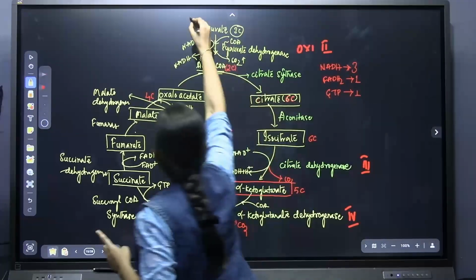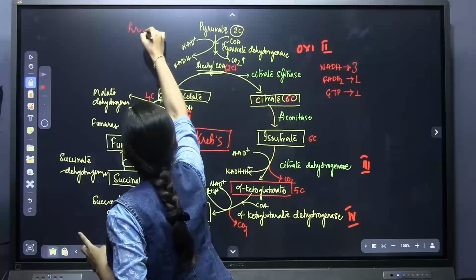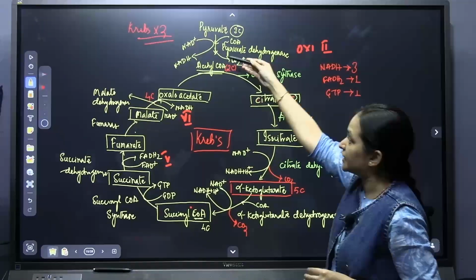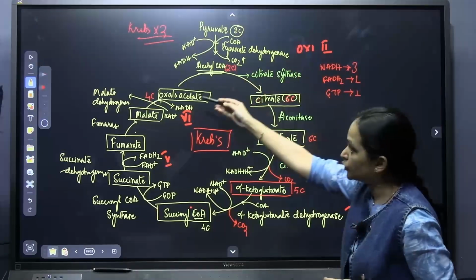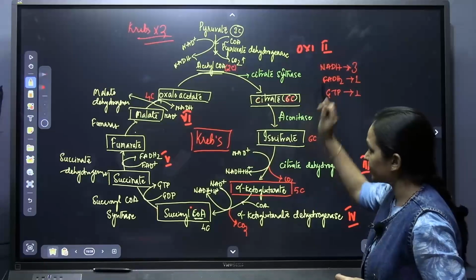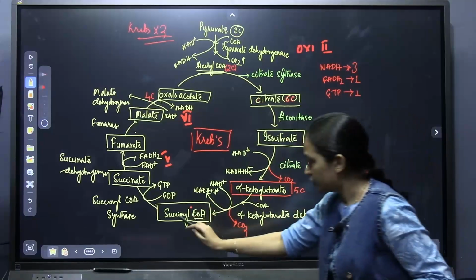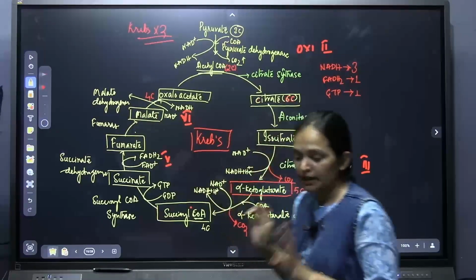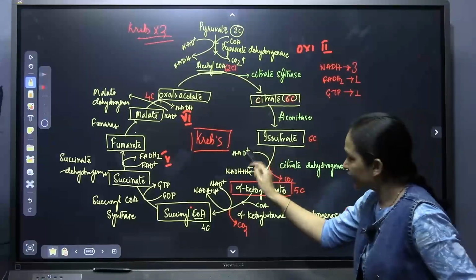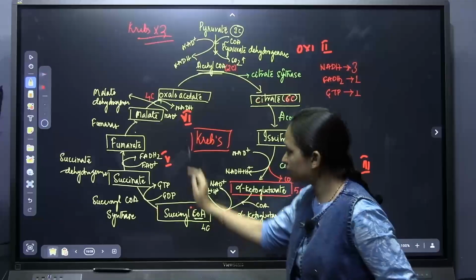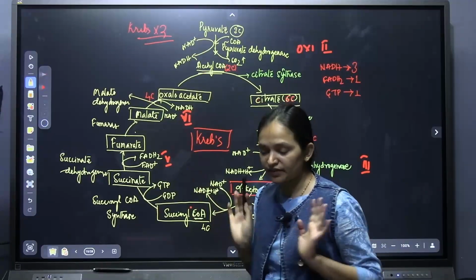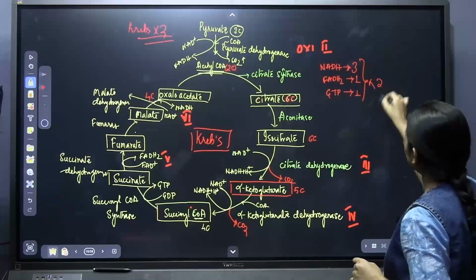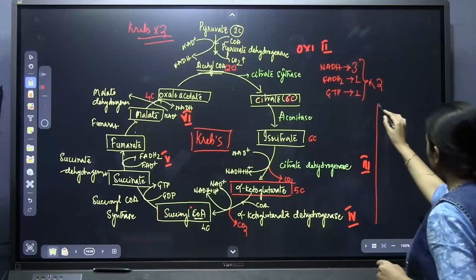So if 2 molecules of pyruvate are entering, then 2 acetyl CoA, 2 oxaloacetate, 2 citrate, 2 isocitrate, 2 alpha ketoglutarate, 2 succinyl-CoA, 2 succinate, 2 fumarate, 2 malate, 2 oxaloacetate. Everywhere it is into 2, so I will do the calculation here.